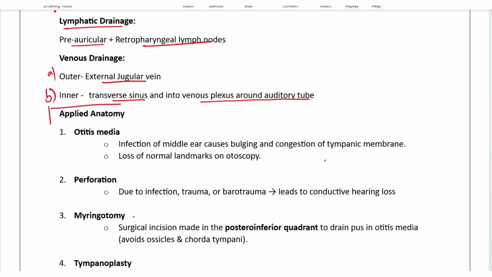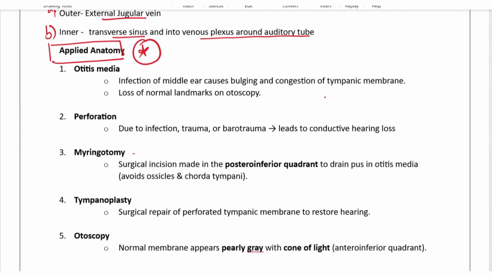Then key points, we will just write applied anatomy, which will fetch you extra marks. Otitis media is nothing but infection of the middle ear. Perforation is due to infection, trauma or barotrauma. Barotrauma is nothing but air or water pressure.